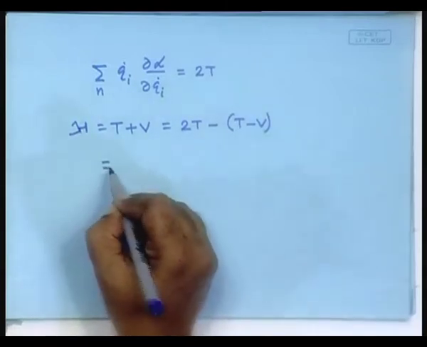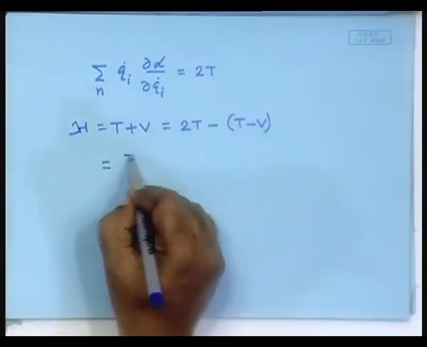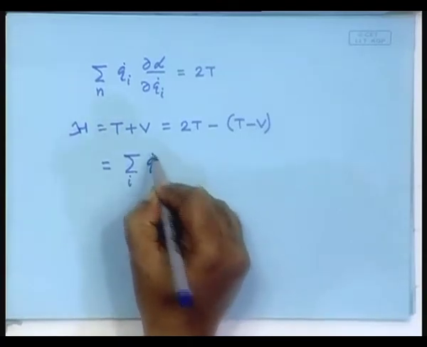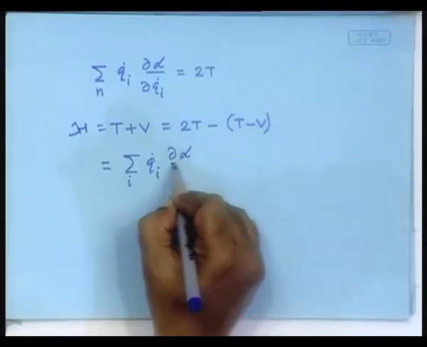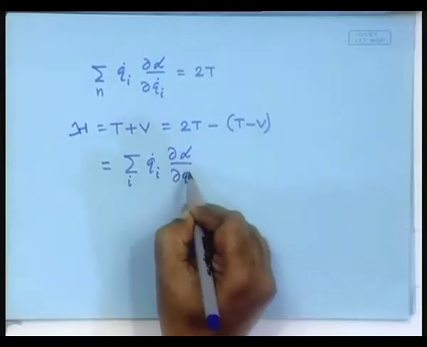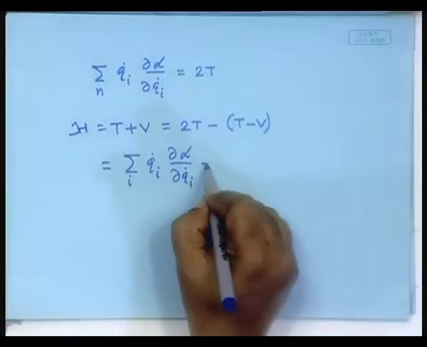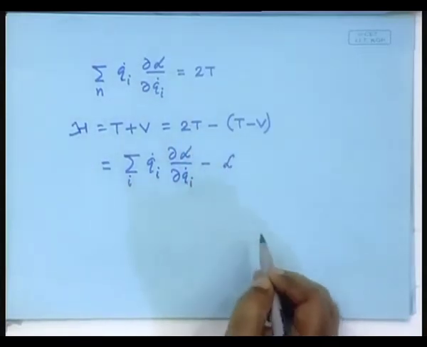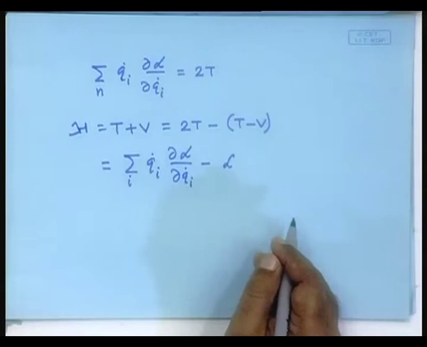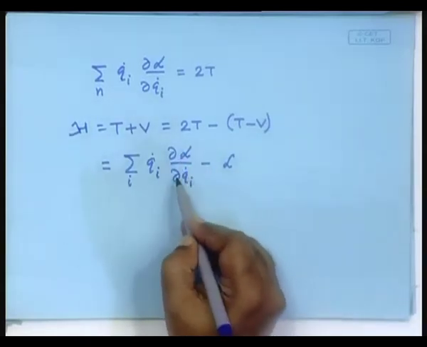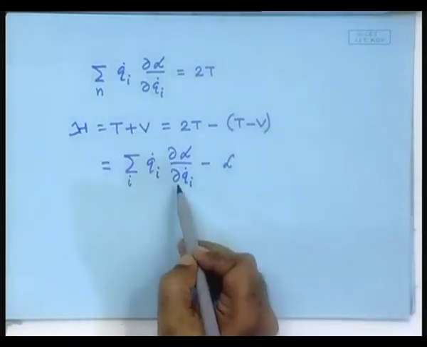So, substitute, you get sum over I q I dot derivative of the Lagrangian with respect to q I dot, that is what is the twice T term minus the Lagrangian itself. Fine. And this term also we know. What is this? The p I, right?